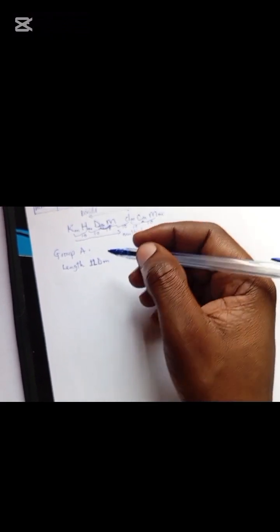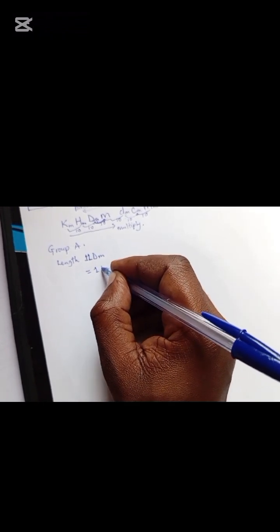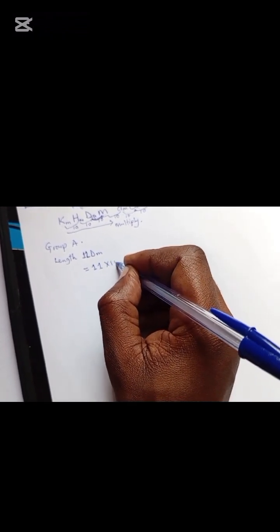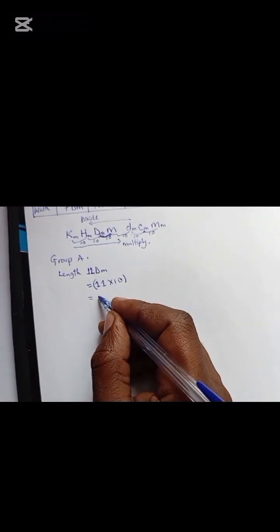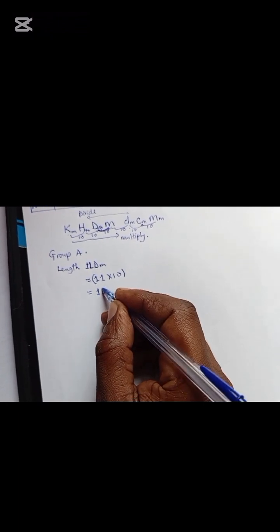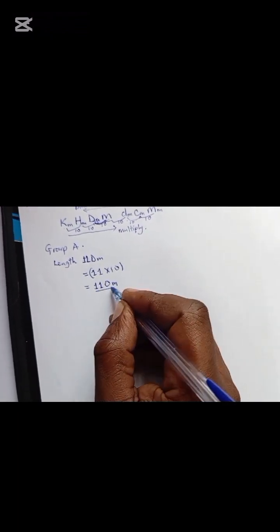So since I'm to convert 11 decameter to meters, I'm just going straight away to multiply 11 times 10. The answer that you'll get is going to be in meters already. So that is 110 meters.